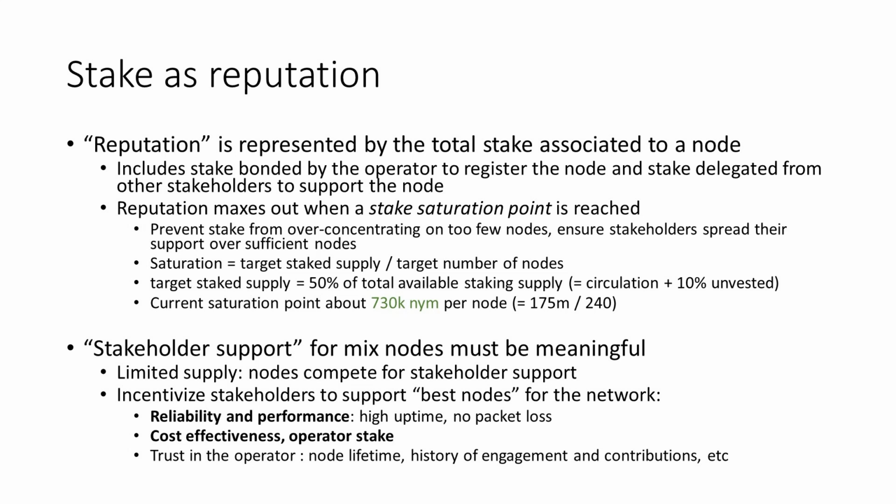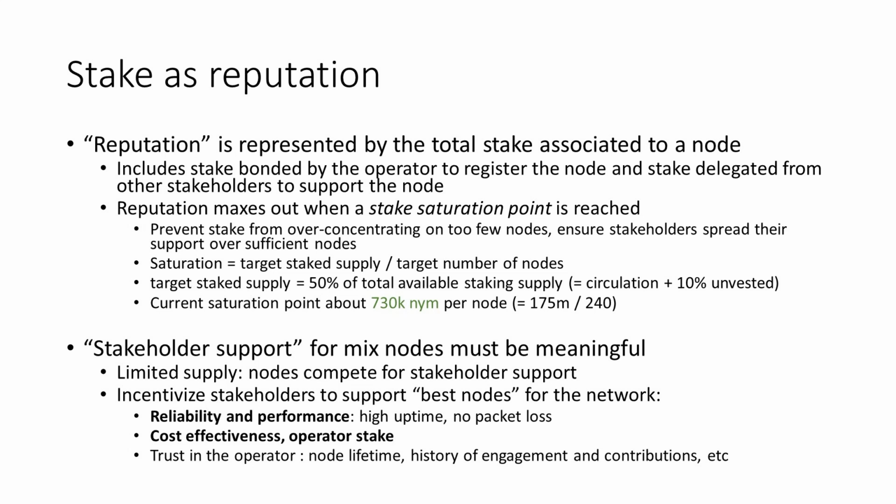What is the target staking supply? It is a percentage of the available staking supply, right? The available staking supply is all the tokens that you can possibly stake in the network. So what are those tokens? They are all the circulating tokens. Any token that is liquid, that you can transfer to another account, you can stake.